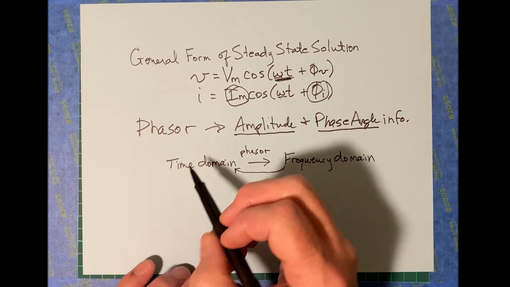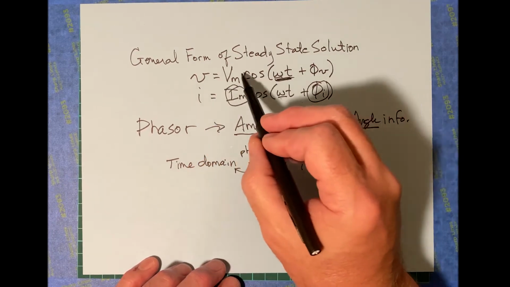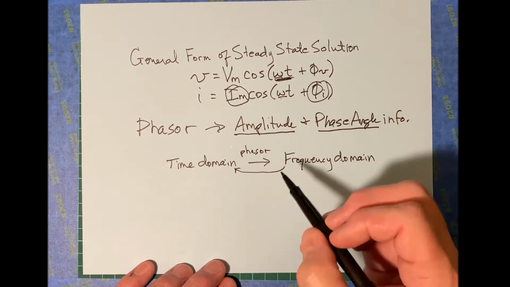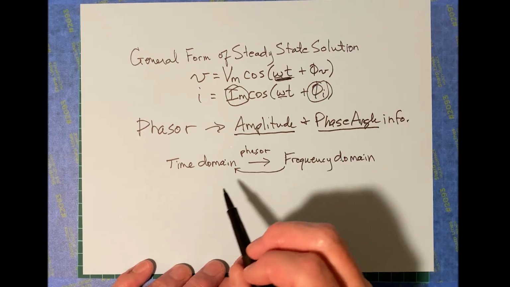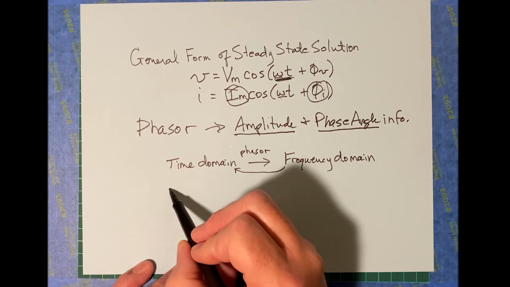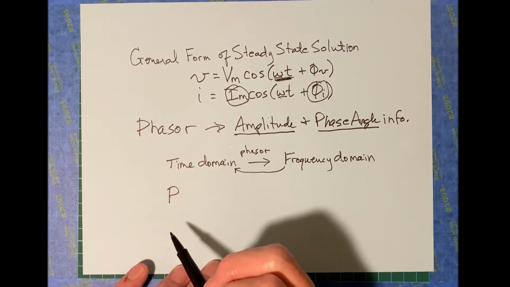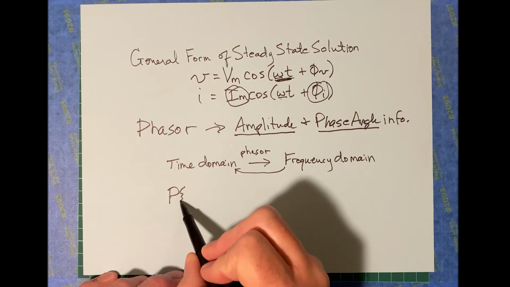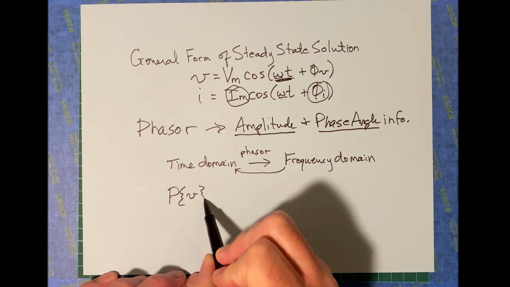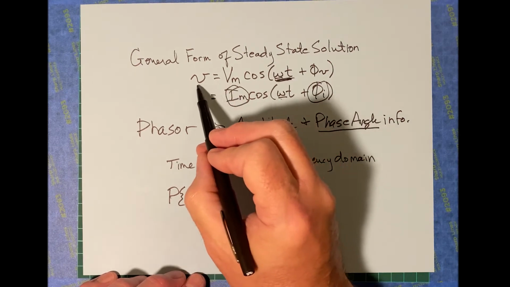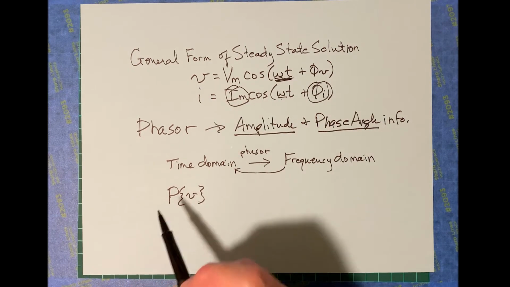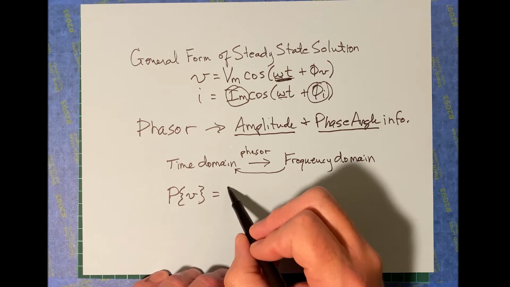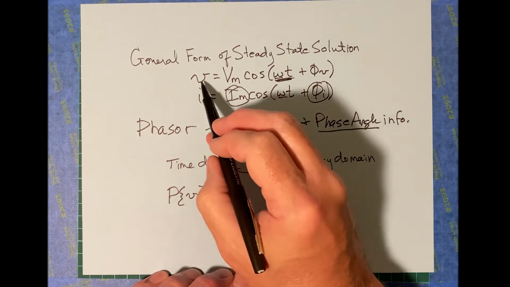So let's say that we've got this voltage function right here. And what we want to do is transform that. Well, typically the way that you would write this, mathematically speaking, is you would say P is the phasor transform. And we take V is this function right here. We take that function into the phasor transform. And then what we get out is the phasor of that function.